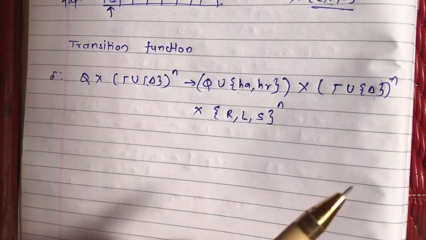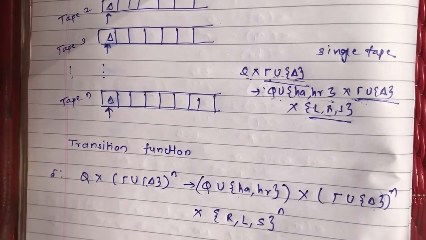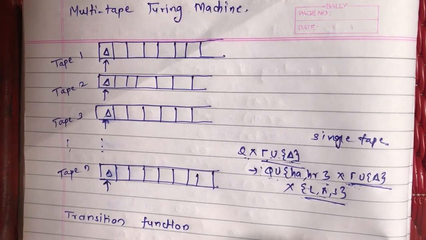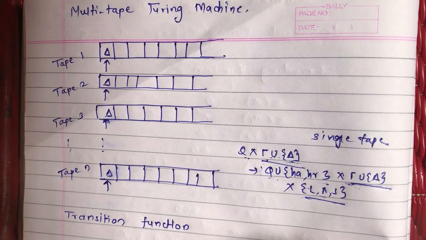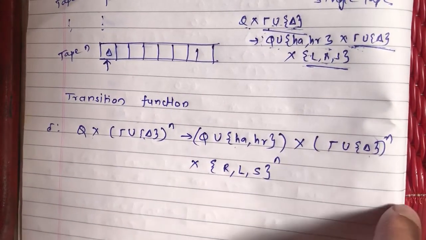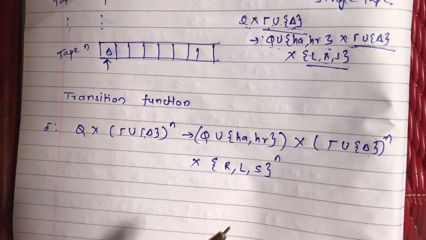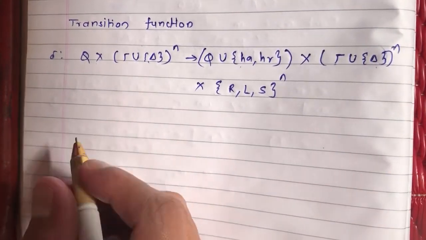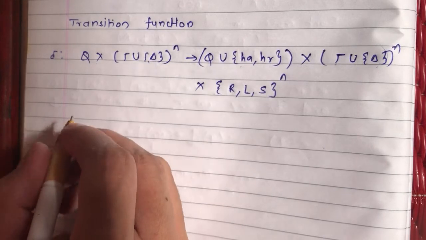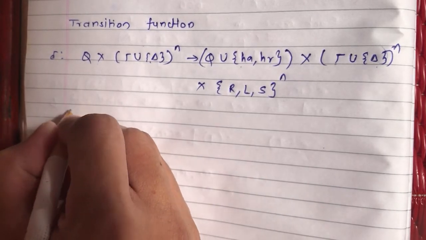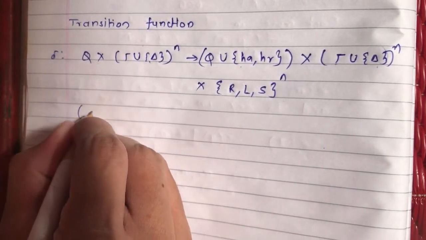As far as your exams are concerned, you may have a short note on the multi-tape Turing machine. You can explain the phenomenon of the multi-tape Turing machine, what its significance is, how it is different from a single tape Turing machine, what the transition function for a multi-tape Turing machine is, and you can also explain the configuration, right? So usually when we write ID notation for a single tape Turing machine, how do we write it?